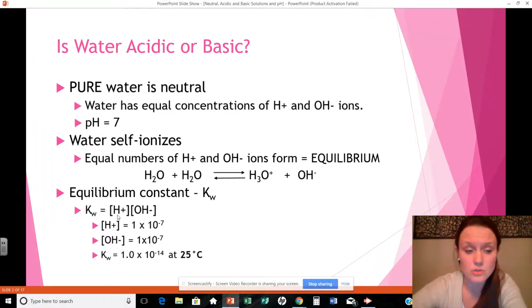Kw is equal to the concentration of hydrogen multiplied by the concentration of hydroxide.